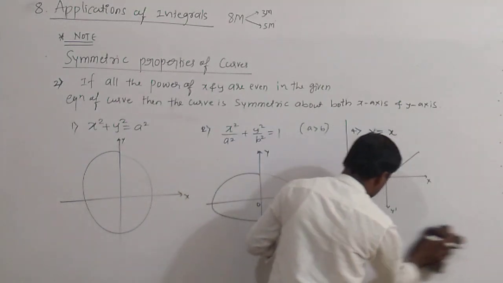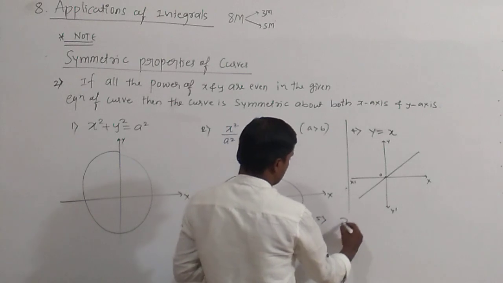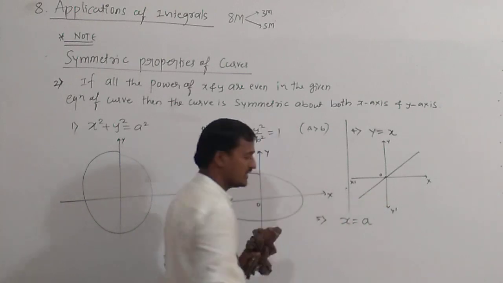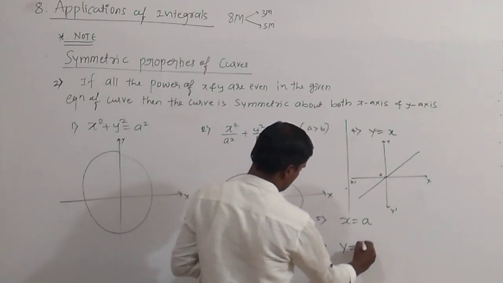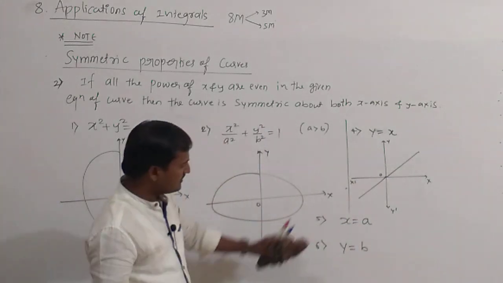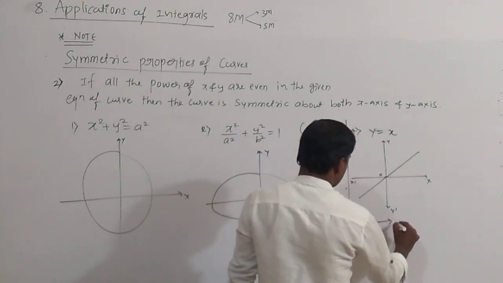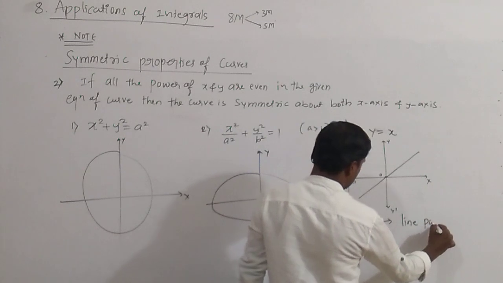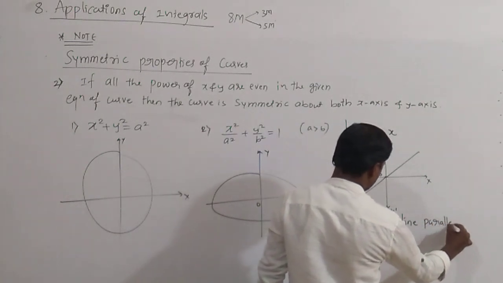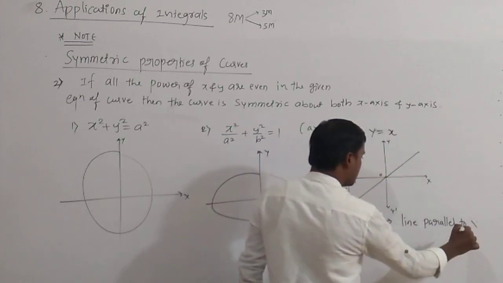And here you should remember one more point, that is the fifth point. If the equation is like this, x equal to a, and another one is y equal to b, what does it represent? If x equal to a, clearly it is a line parallel to the y axis.